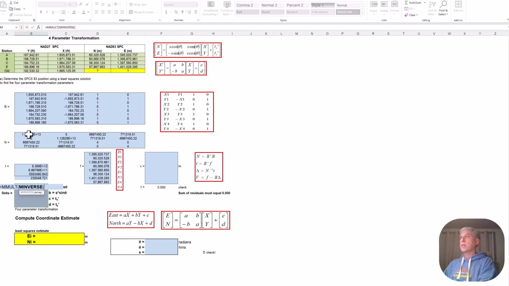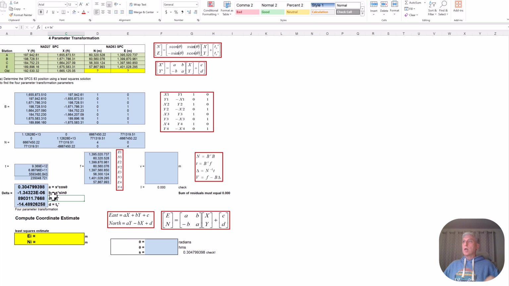MINVERSE of our N matrix, and we're going to multiply that by our T matrix and see what we get. Looks good. So these are our two rotations, or our one rotation through theta, and this is our delta matrix, or our two translations.